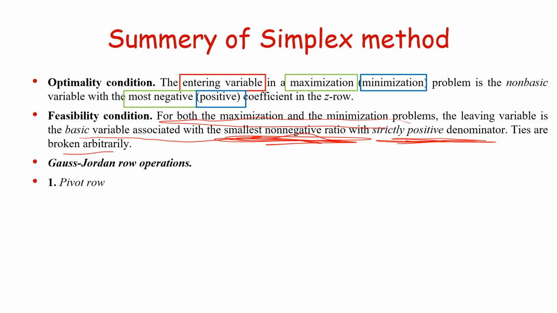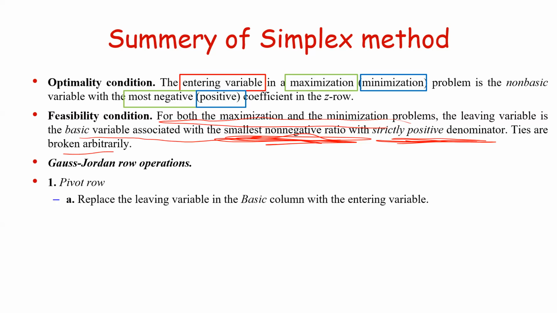And then we perform the Gauss-Jordan row operations. First of all, we identify the pivot row and replace the leaving variable in the basic column with the entering variable. Then the new pivot row becomes the current pivot row divided by the pivot element.